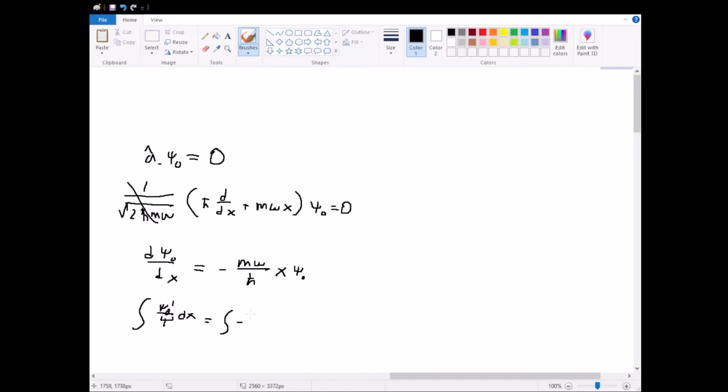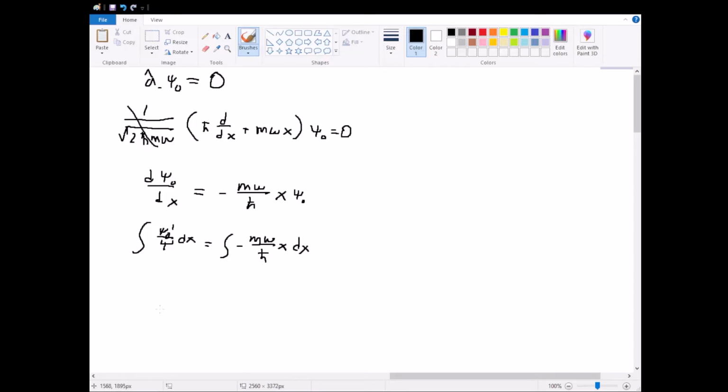and this is going to equal the integral of negative m omega over h bar times x dx. The first term goes to ln of psi naught, and this is going to equal negative m omega over 2 h bar x squared, and we're going to add the integration constant at the right.